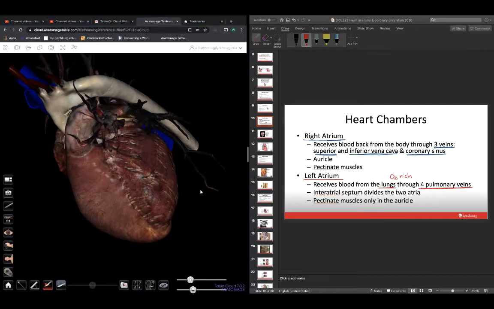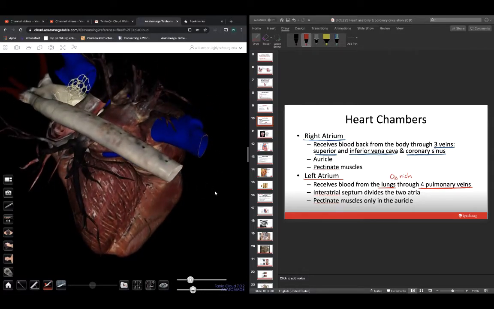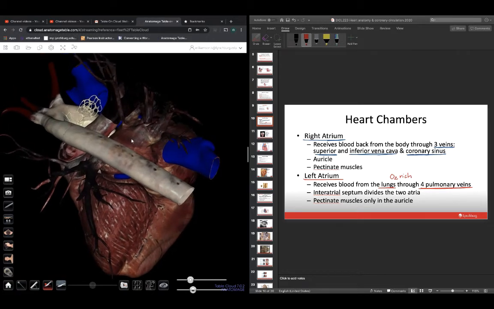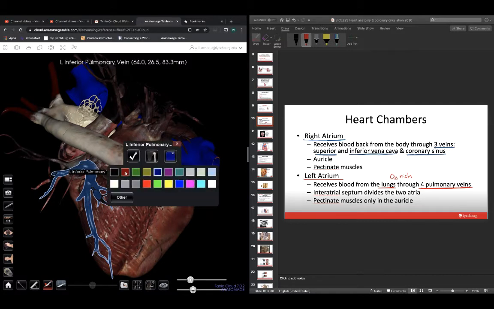So if we take a look at what we have here, if we look at the heart from the posterior aspect, what we're going to see is this is our left atrium here, and we've got 4 vessels that are going to drain into it. So if I look at this side, here's an inferior pulmonary vein that's bringing blood from the left lung, and I can actually take that and I'm going to flat color it red.